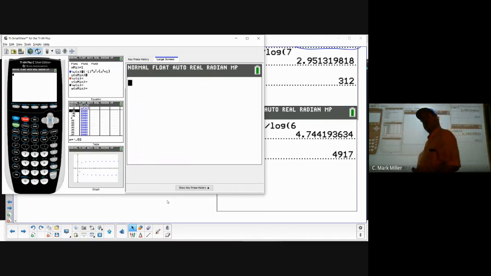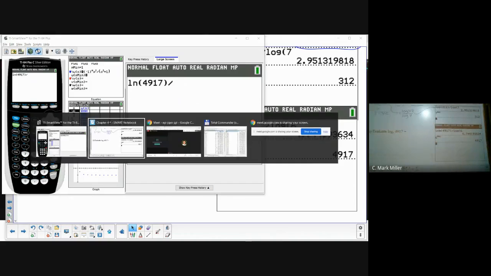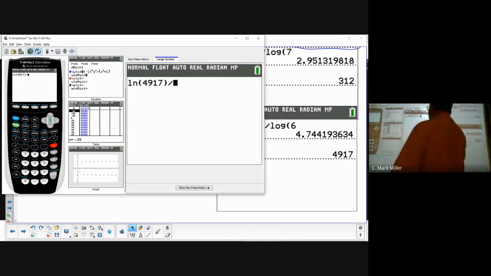Using natural log, it's going to be the natural log of 4917 divided by the natural log of the base, which was 6.